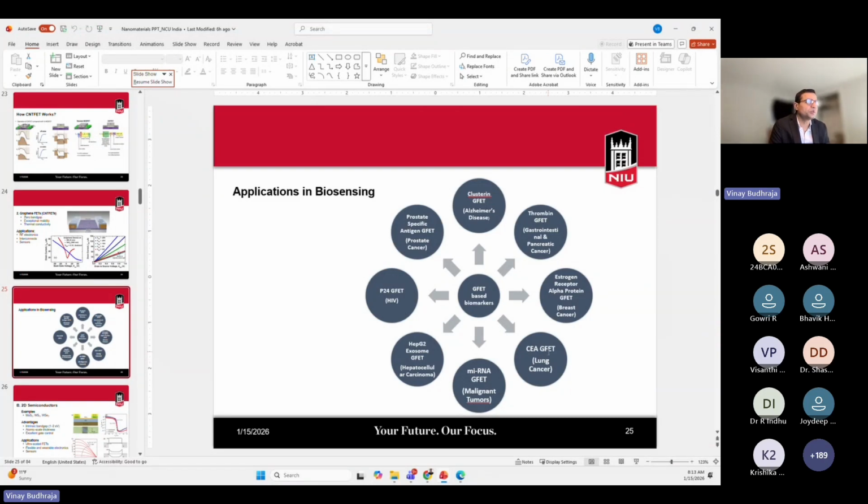Graphene-based FETs, because the sizes are very small, have low power advantages, and the switching speed is very fast. So graphene-based FETs are an ideal candidate for biosensing applications, especially where the signal strength is very, very low.